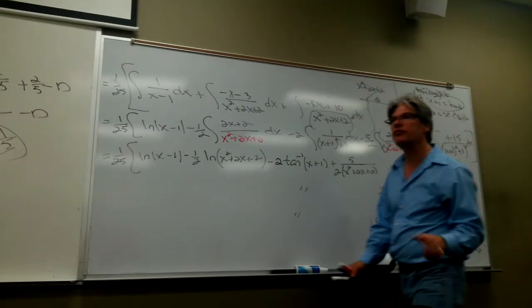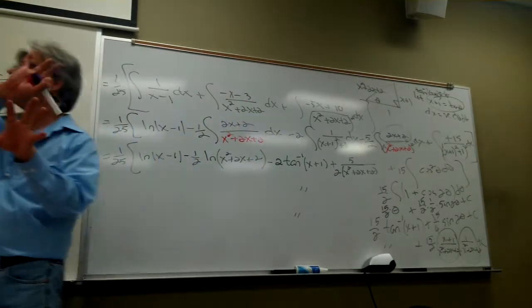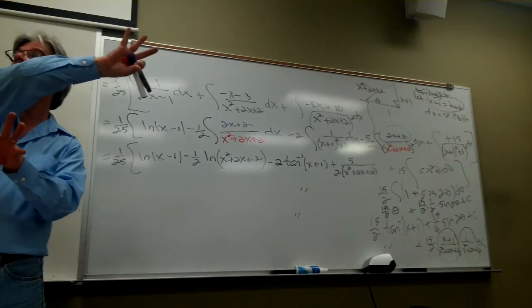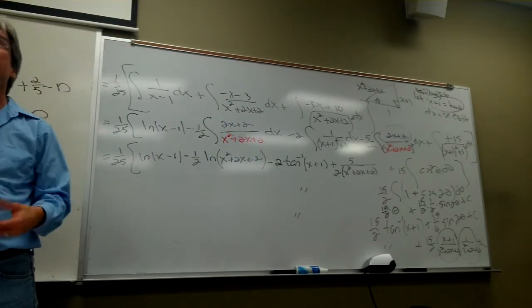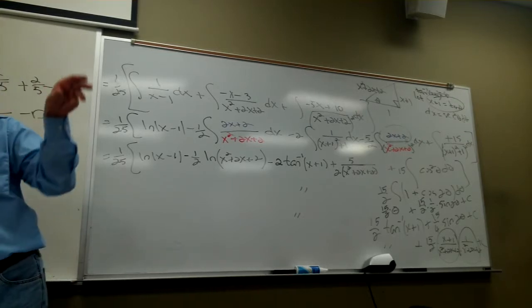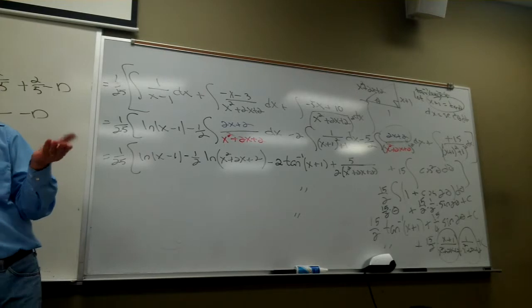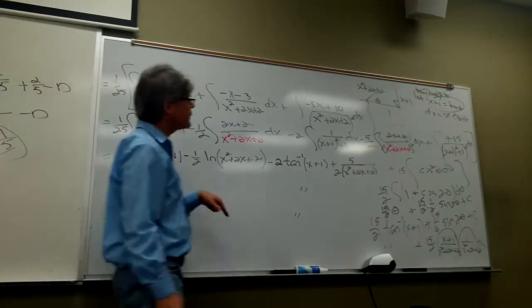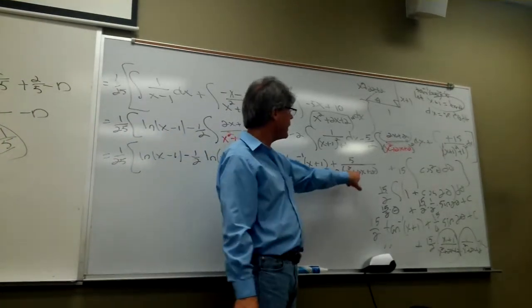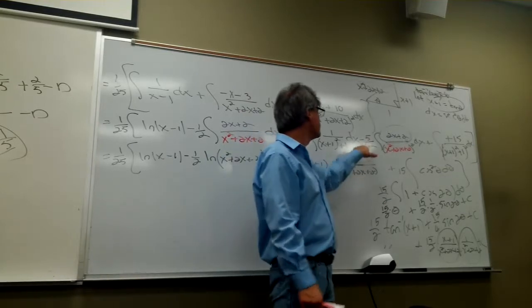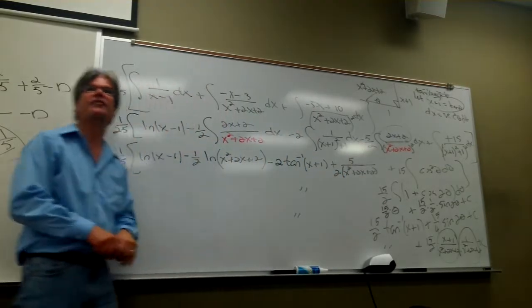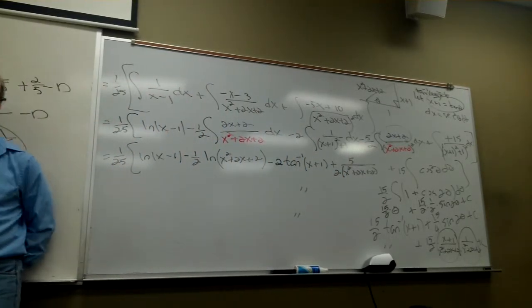But that's anti-differentiating u to the negative 2. So I'll take the exponent, up it by 1 to negative 1, divide by the new exponent. I think the antiderivative of u to the negative 2 is negative u to the negative 1, or shall I say, negative 1 over u, or shall I say, negative 1 over that u? So I change signs. That's what the sign change means.